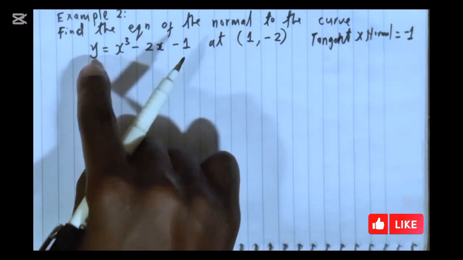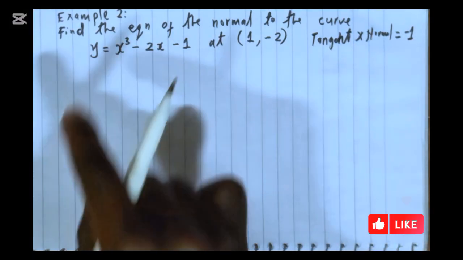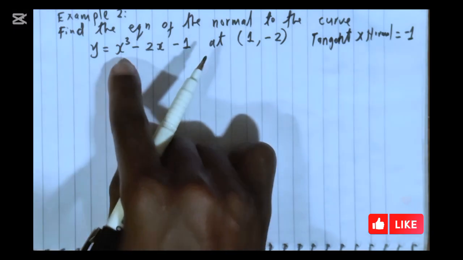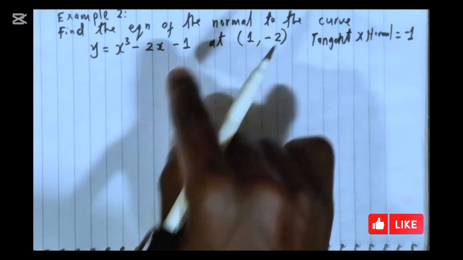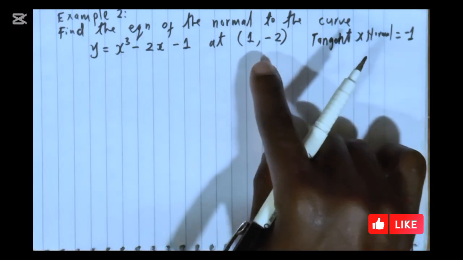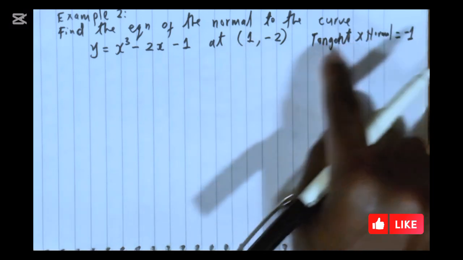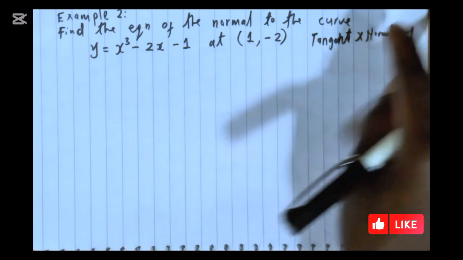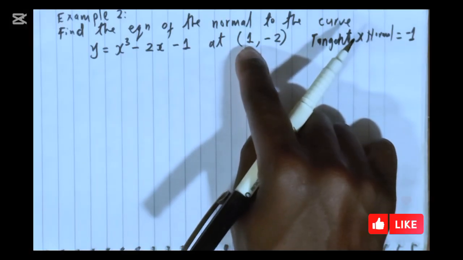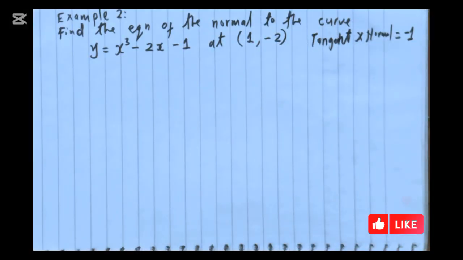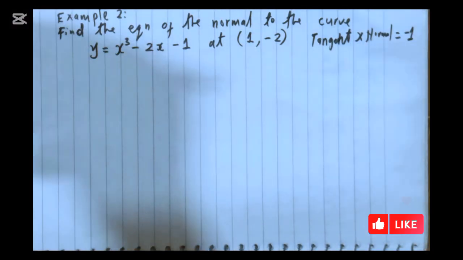So we have the equation of the curve as x cubed minus 2x minus 1. And the point of intersection of the tangent, the normal and the curve is actually (1, -2). So what we're going to do is first find the gradient function using differentiation.